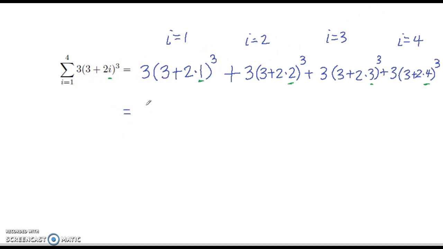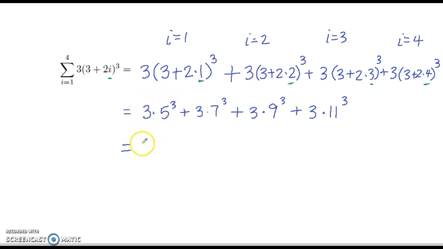Evaluate what's inside the parentheses first: 3 times 5 cubed plus 3 times 7 cubed plus 3 times 9 cubed plus 3 times 11 cubed. And then you evaluate each term. 3 times 5 cubed is 375, and you would call this your a1.